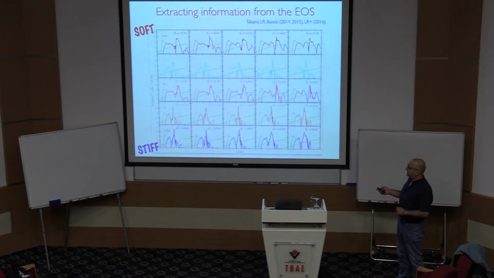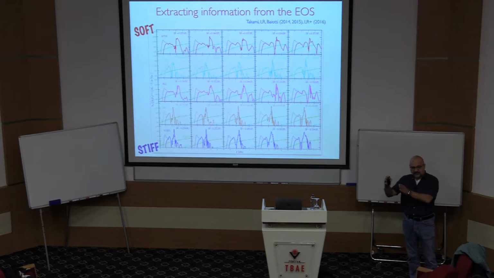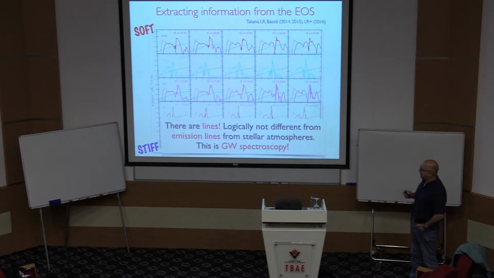Now, these very same objects can be seen in the frequency domain. And so now I'm just concentrating on the messy part of the signal, the one that I was showing before. And I don't ask you to look into the details of this. I will explain this better. But what I want you to understand is that these are lines.